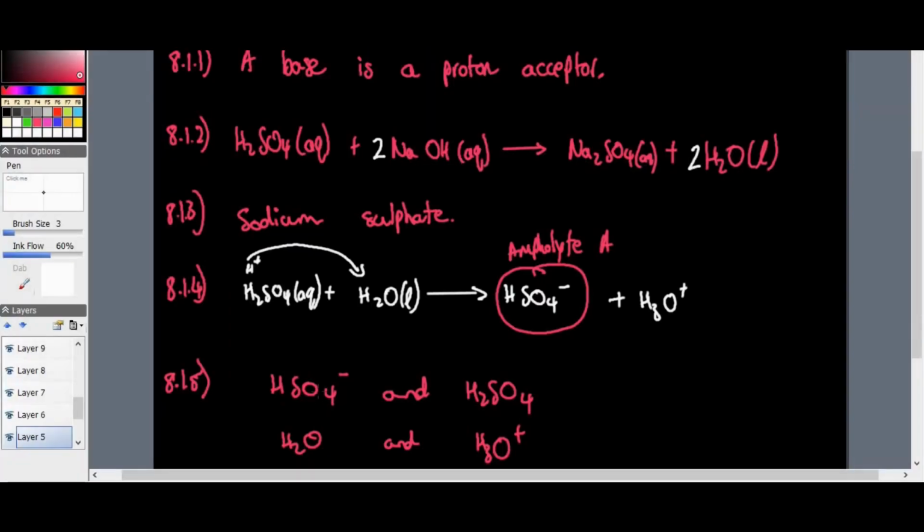So this is as a result of this giving a proton to the base in the reaction, which was H2SO4. Remember, a conjugate base is as a result of the acid donating a proton, and the conjugate acid is as a result of the base accepting a proton.